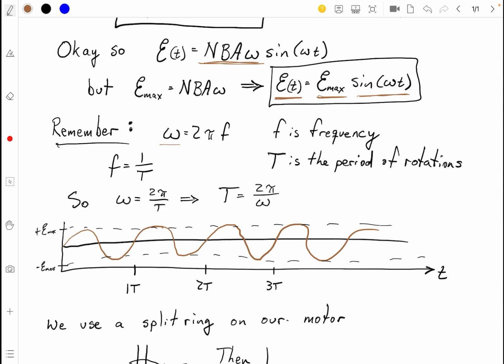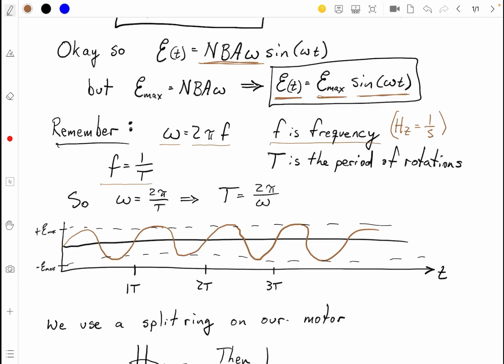Omega is equal to 2 pi times your frequency. Frequency is how many times per second, so it's called hertz, which is equal to 1 over a second. That's the units. That's how many revolutions or cycles it does.